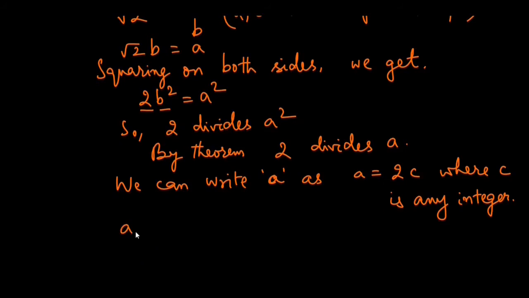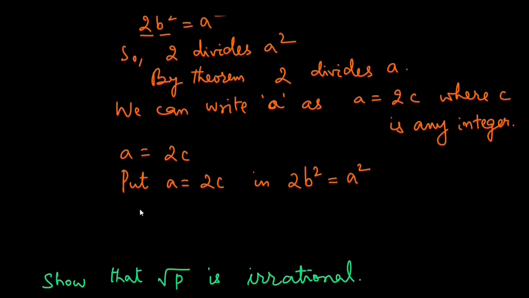Now we have a is equal to 2c. Substitute a is equal to 2c in 2b square is equal to a square. Now we get 2b square is equal to 2c whole square.